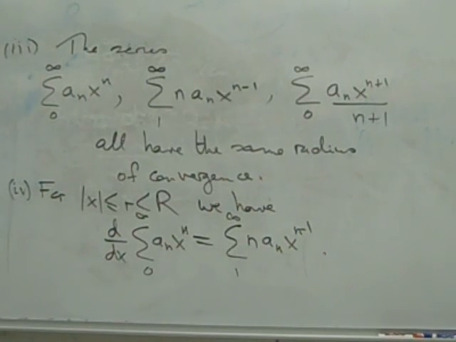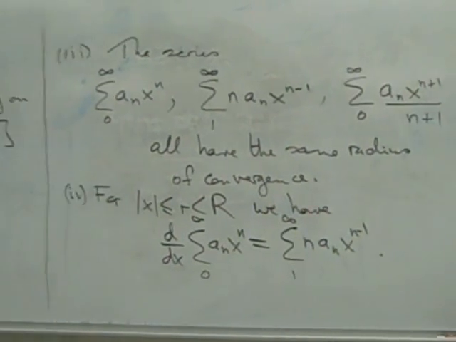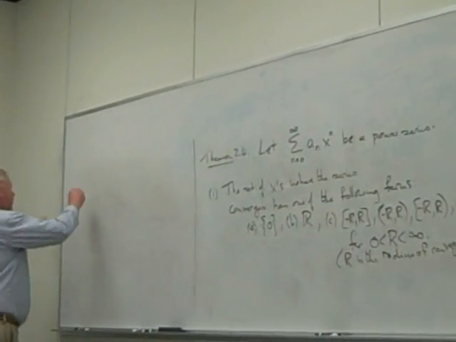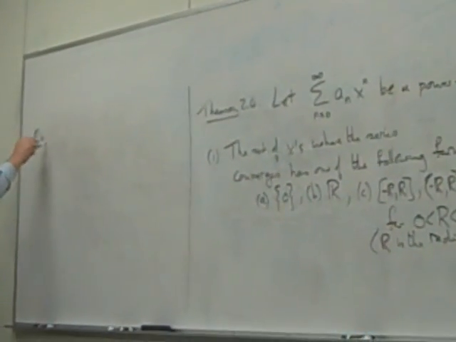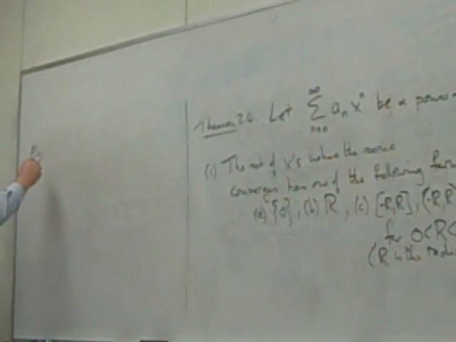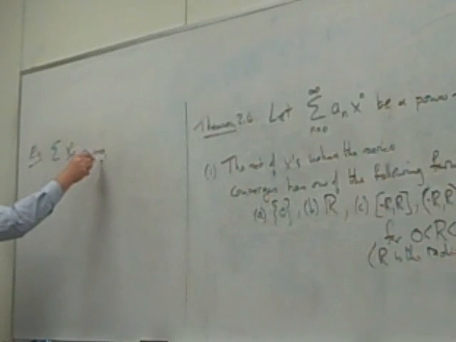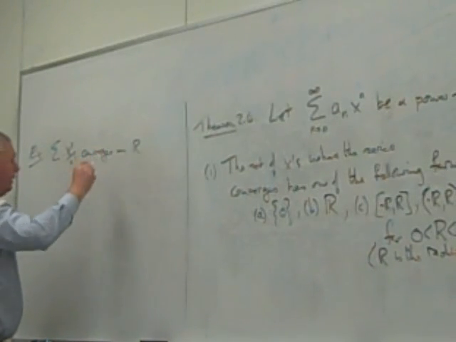So let me just list the examples that you can check for yourself. Sigma x to the n over n factorial converges on the whole real line.